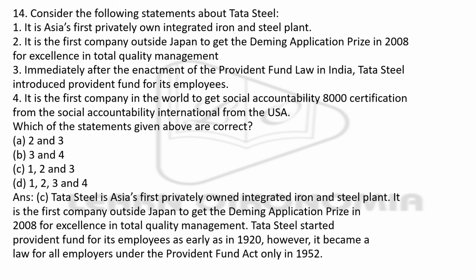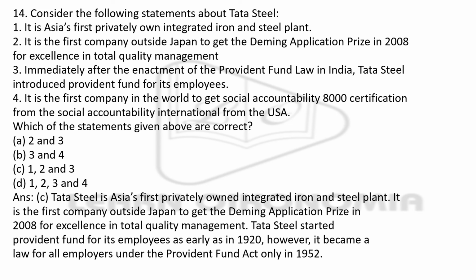And next question, consider the following statements regarding Tata Steel. The first statement is, it is Asia's first privately owned integrated iron and steel plant. The second statement is, it is the first company outside Japan to get the Deming Application Prize in 2008 for excellence in total quality management. The third statement is, immediately after the enactment of the Provident Fund law in India, Tata Steel introduced Provident Fund for its employees.